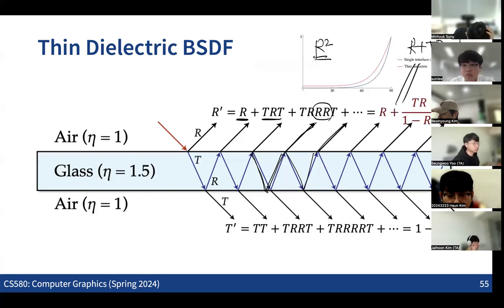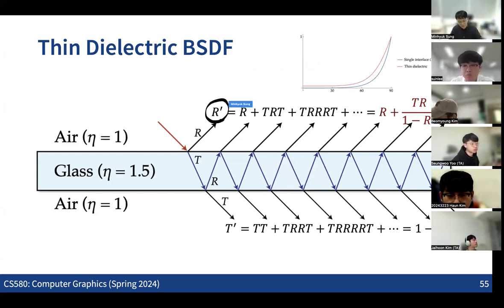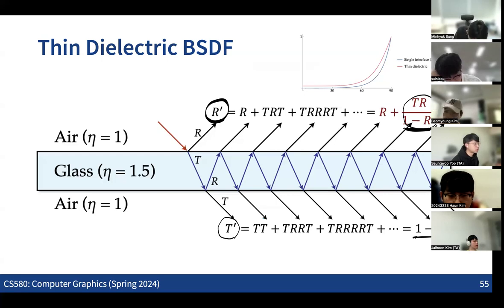So we can see that this is basically the same, but now we are slightly modifying the fraction of the reflection by adding this term, right? While from energy conservation, we can say that T prime should also be the same as 1 minus R prime, right?